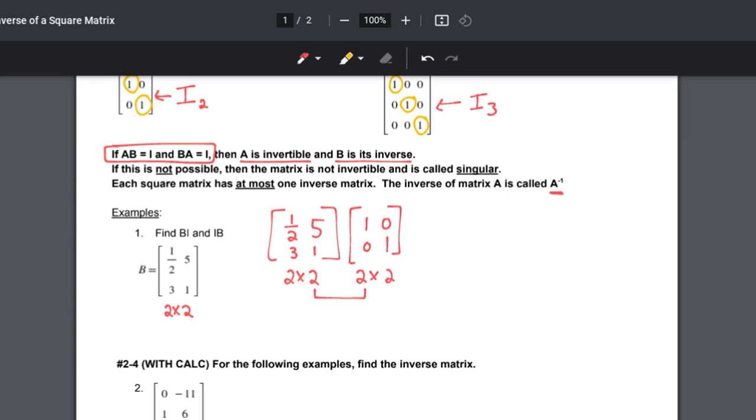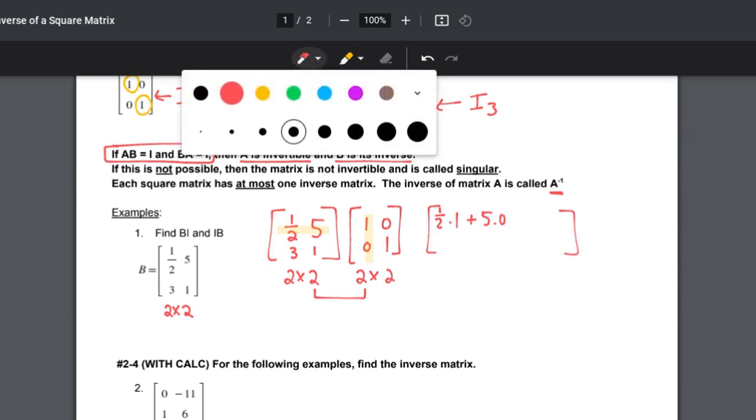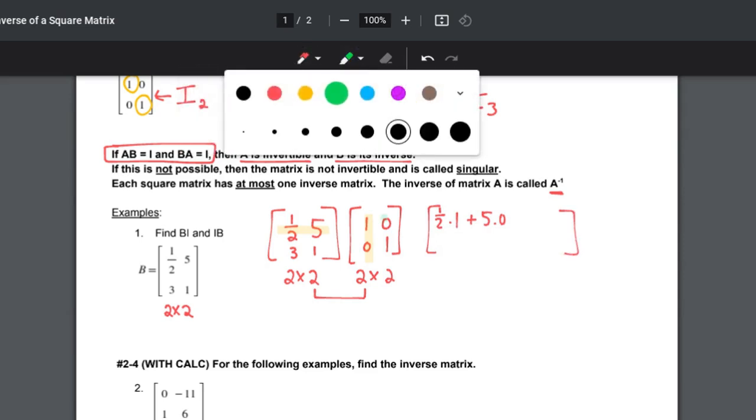All right, so we're going to multiply this by hand. As a reminder, when we multiply by hand, you're going to multiply one whole row by one whole column, and you're going to distribute each element, so the first element in each, so 1/2 times 1, and then we're going to add that to 5 times 0. Then we're going to keep distributing that row to the second column.